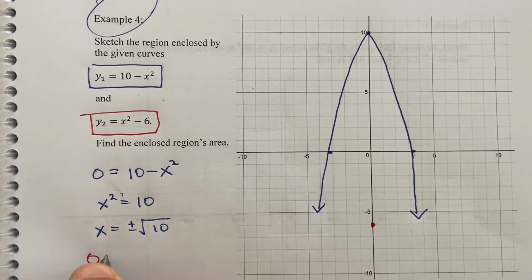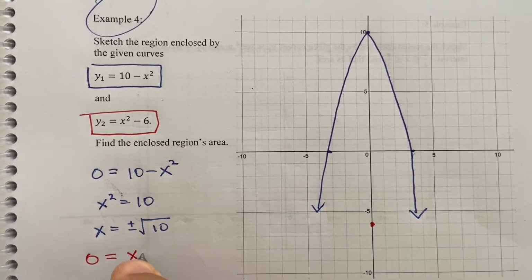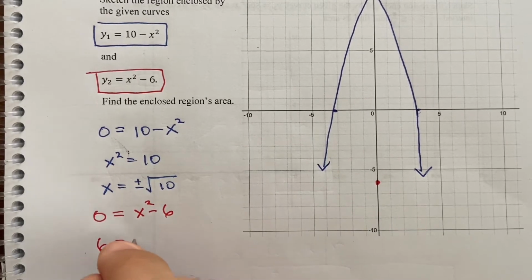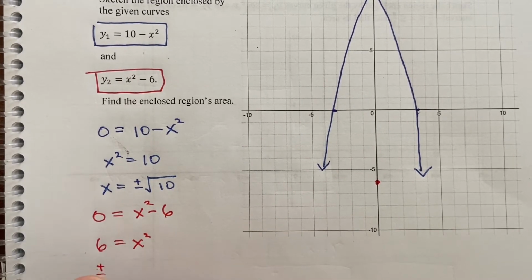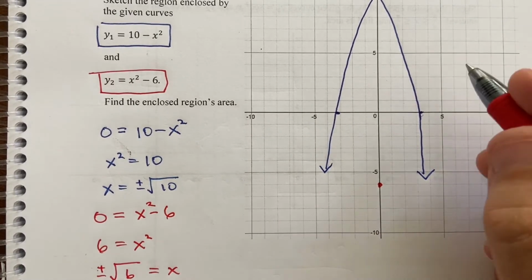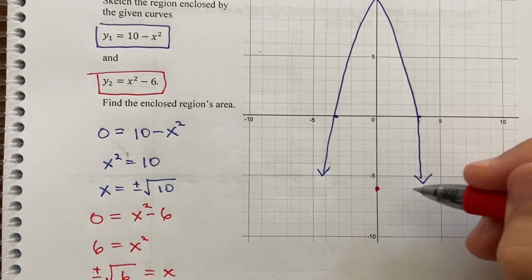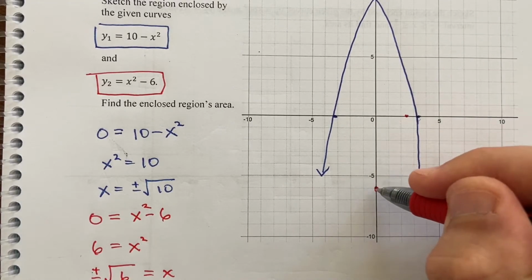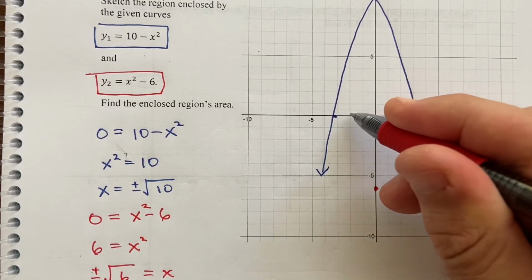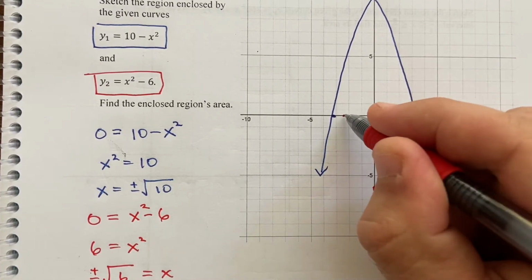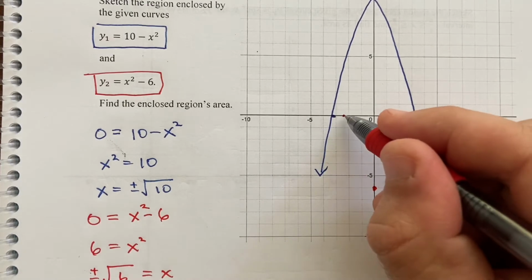If you think 0 equals x squared minus 6, so 6 equals x squared, plus and minus root 6 equals x. So that's about 2.5, a little less than 2.5. So over here, a little less than 2.5. A little less than negative 2.5, I guess, technically a little more.